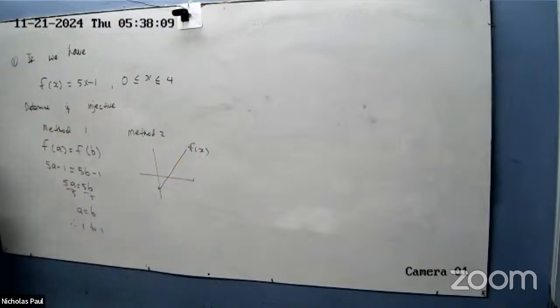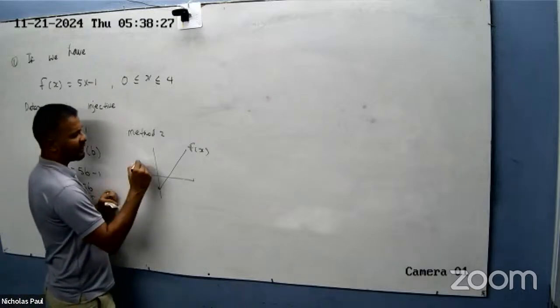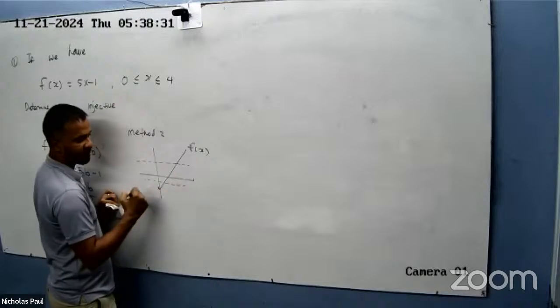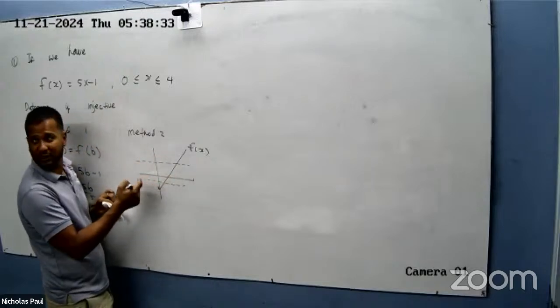What do we do now in method two? Draw a horizontal line, and see if the horizontal line will cut more than once. Would it cut more than once?